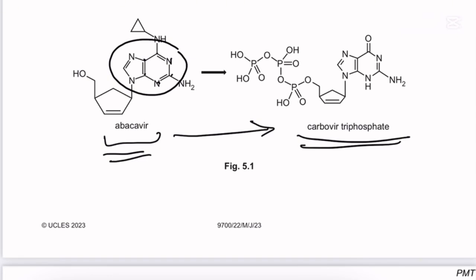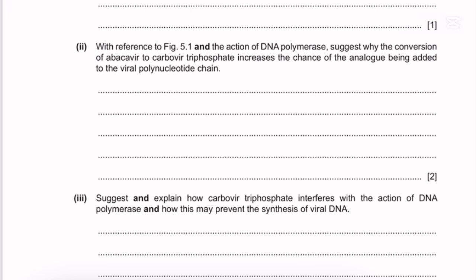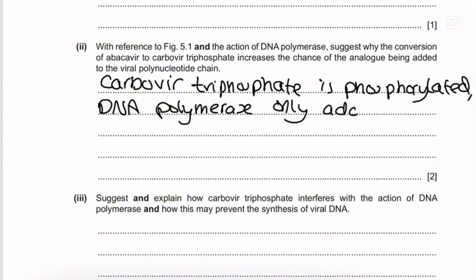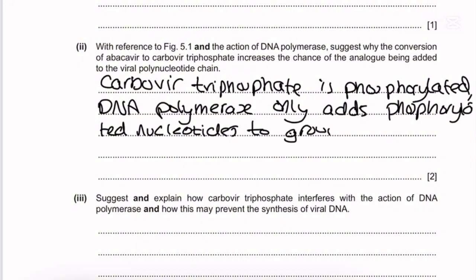So the difference between the two is that abacavir is like a nucleoside, okay, because it is only made of this sugar and then a base, whereas here you can see there is a phosphate group, a phosphate group, and so the phosphate group is the reason that it's added, because we know that DNA polymerase only adds phosphorylated nucleotides, and so that's the reason, okay, because again the carbovir triphosphate is phosphorylated, and so since it's phosphorylated and DNA polymerase only adds phosphorylated nucleotides to the growing chain.